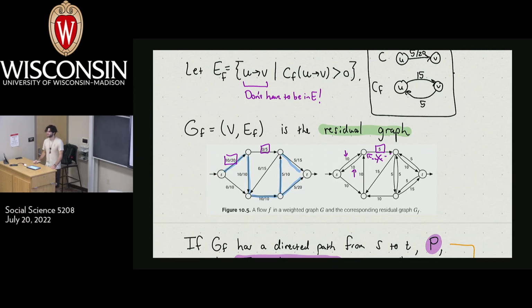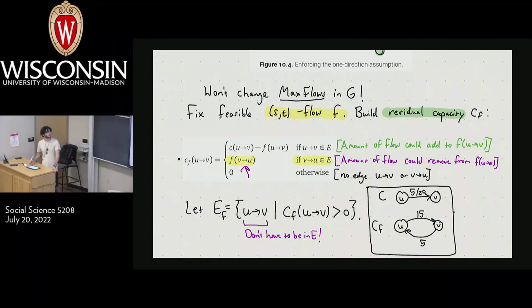Yes? Yeah, so E is indicating the original graph. But if there is no edge from, let's say, V back to U in the original graph, then we cannot define the back edge in the residual graph, right?